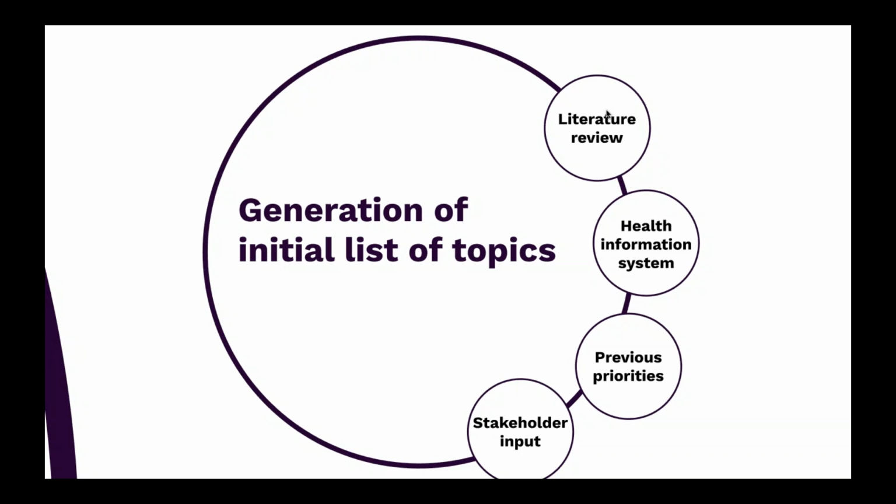We go to the health information system in order to identify topics that are of priority concern to the national health system and policymakers. And if we've conducted any previous priority setting exercises, we want to make sure that we're building on the previous exercise, as well as consulting with stakeholders.